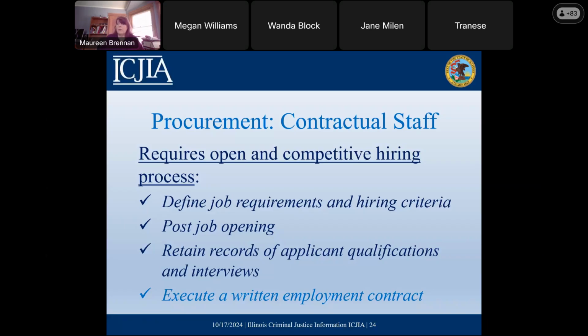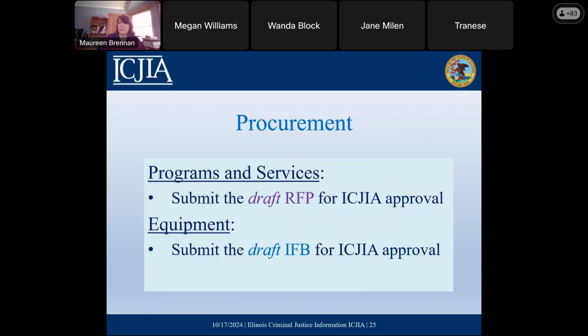So it mirrors what you do when you're hiring payroll employees, because it has to be an open and competitive process. Remember that these funds have to go to support the best candidate for the job, and you identify the best candidate for the job through an open and competitive hiring process.